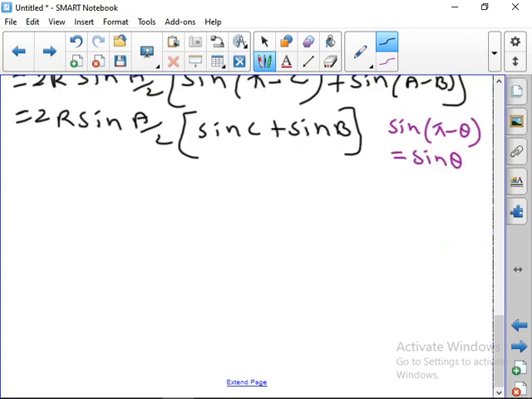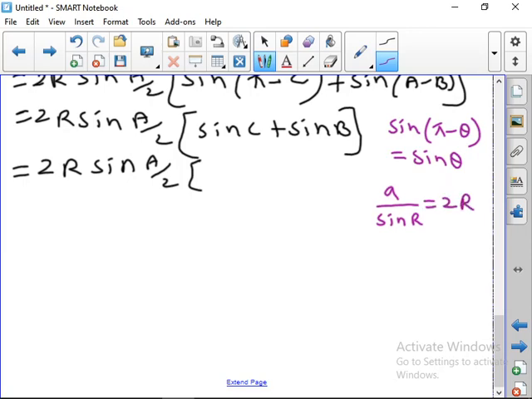Now again use cosine formula, sorry, sine formula. So 2R sine A by 2. We use the sine formula. What is the sine formula? A by sine A is equal to 2R. So what is sine A therefore? A by 2R. Okay, A by 2R.